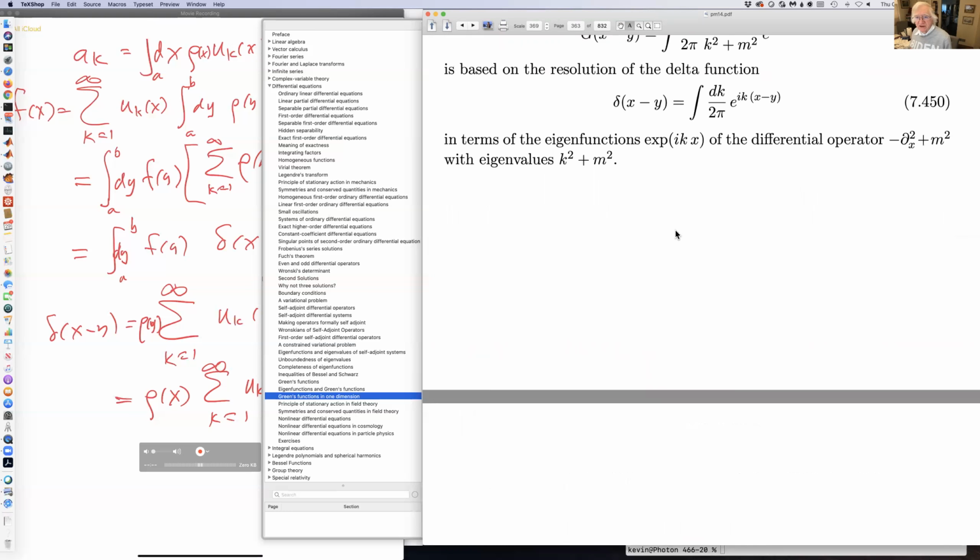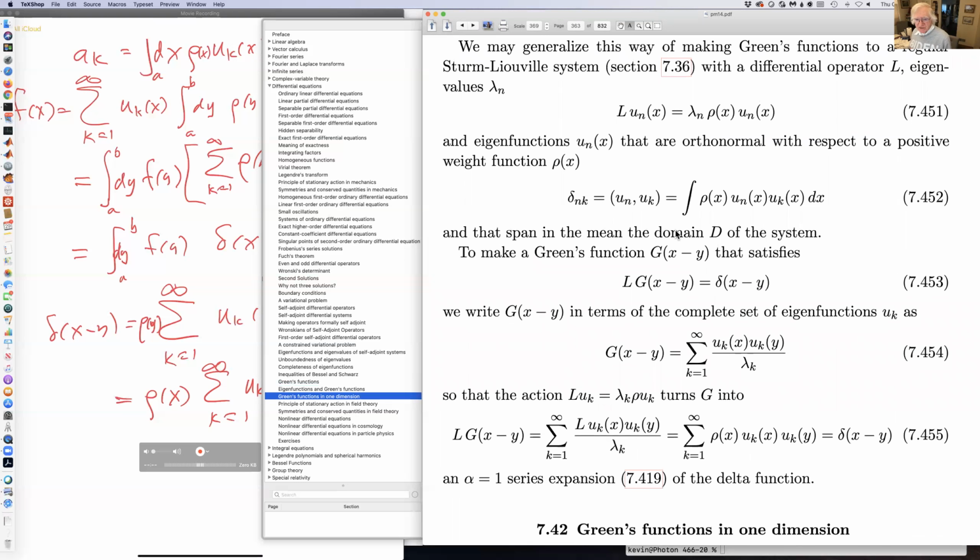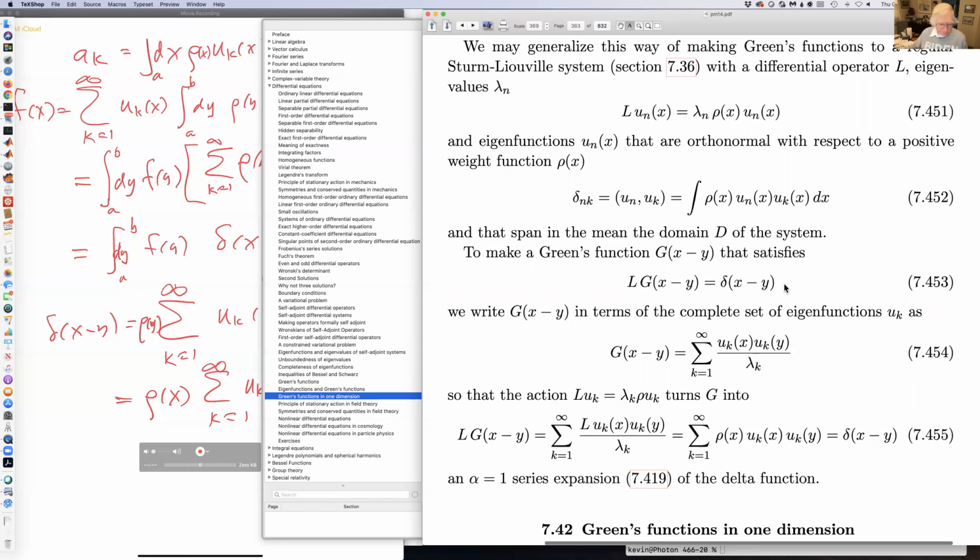Where am I writing the delta function? Well, I should have an equation here that describes the delta function. Let me make another note to myself that maybe I should just do this by hand in the note section.